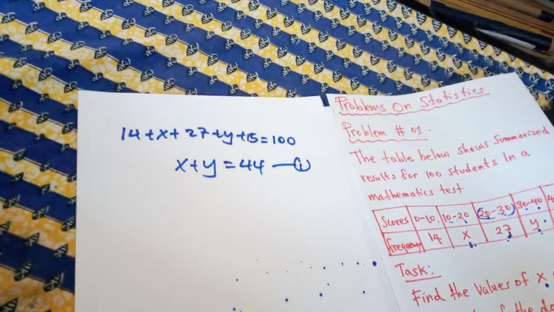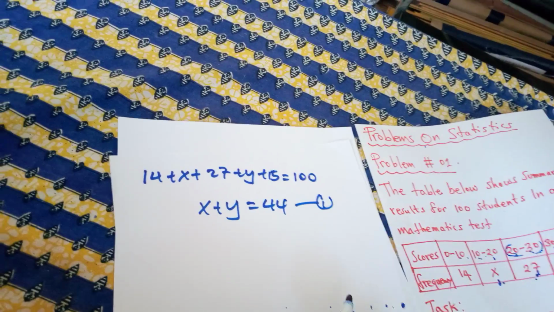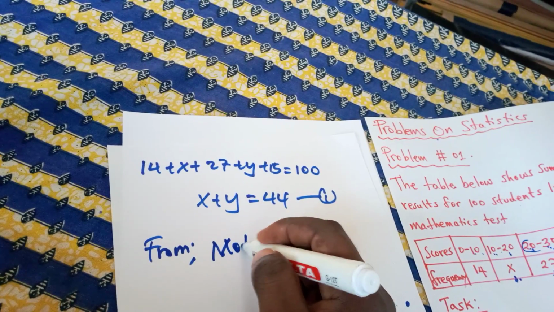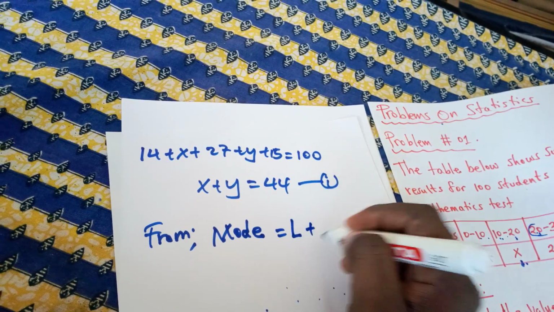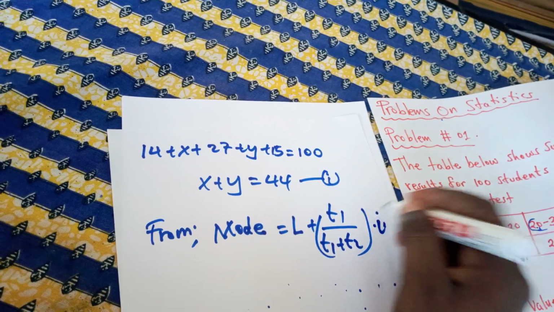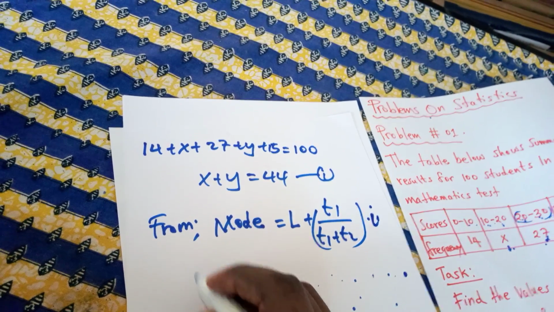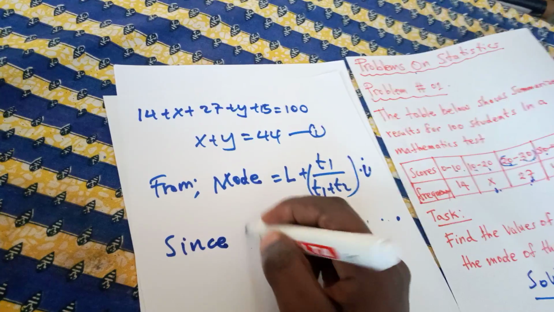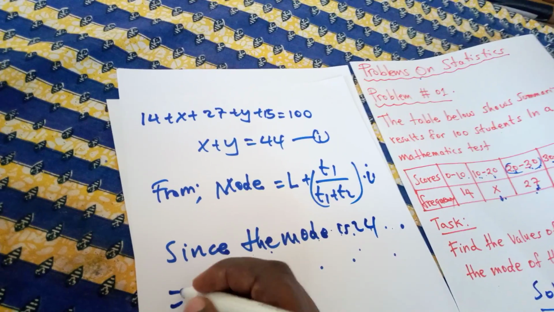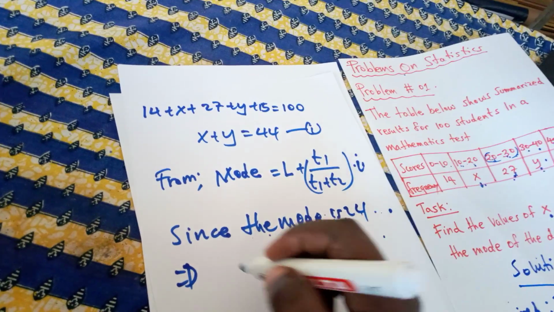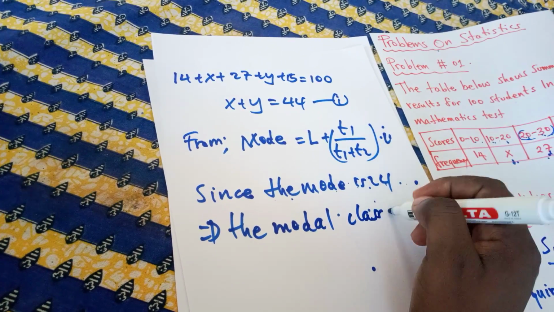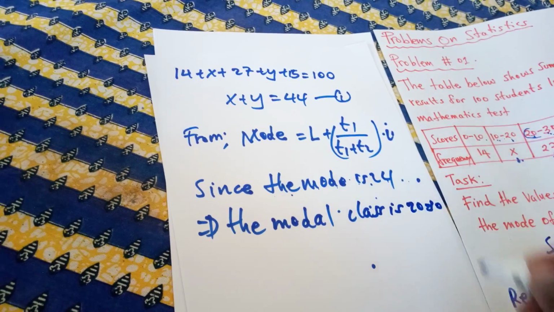From there you can say that the mode is given by L plus T1 over T1 plus T2 times i. Since the mode given in our problem is 24, it implies that the modal class is 20 to 30.